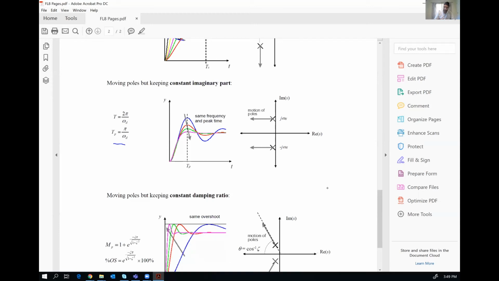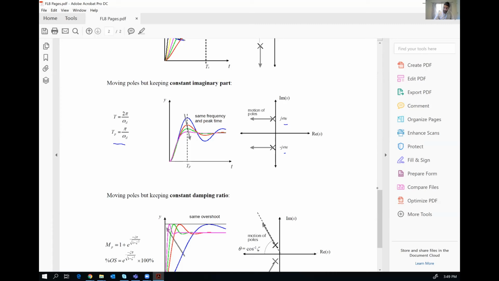So this is half of the damped oscillation period. By fixing the imaginary part of the pole, I fixed the damped oscillation period, and I fixed the peak time of the response. All the second order transfer functions having poles with the same imaginary component will have the same peak time.